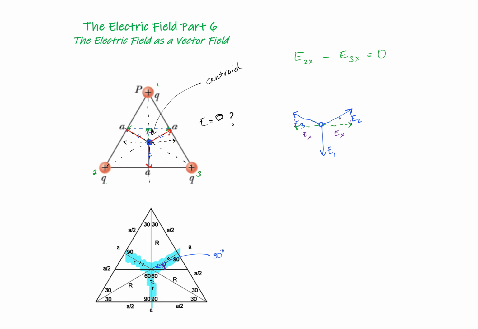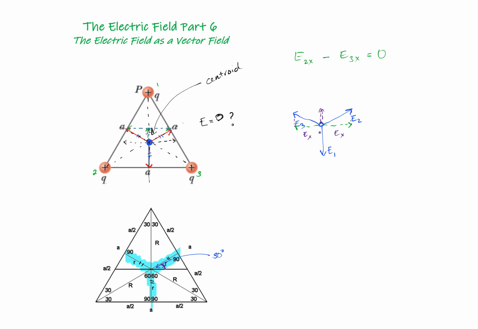So E2 and E3 lie more in the horizontal dimension than vertically. That means their two vertical components, both pointing up, are smaller than E2 itself or E3 itself, because that's one of the legs of the right triangle formed to make this vector.